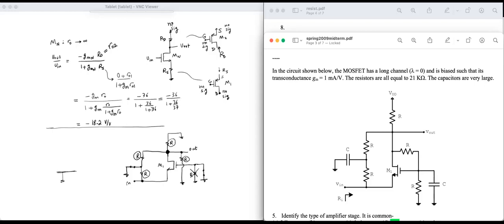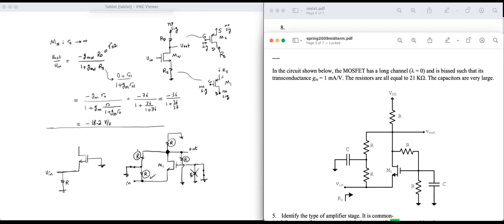So this is a resistor between the input and ground, this one. And then I have the MOSFET. And there is a ground at the gate.